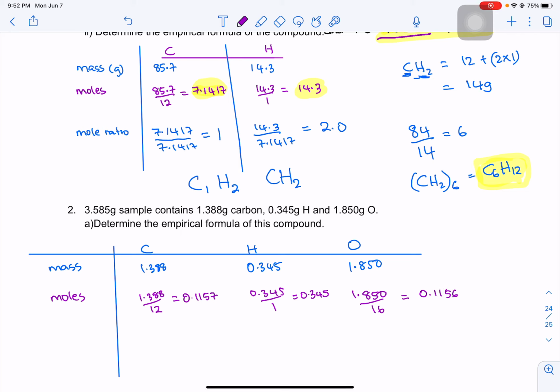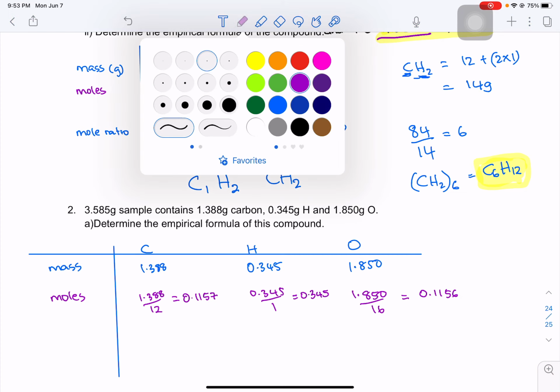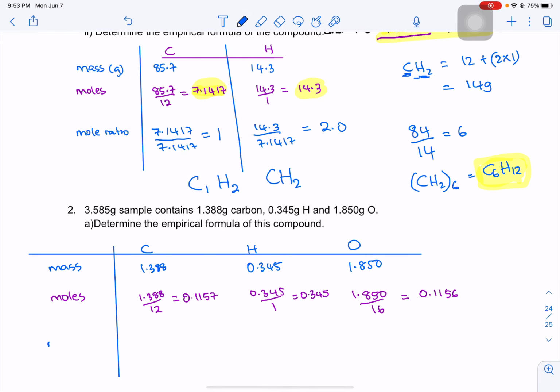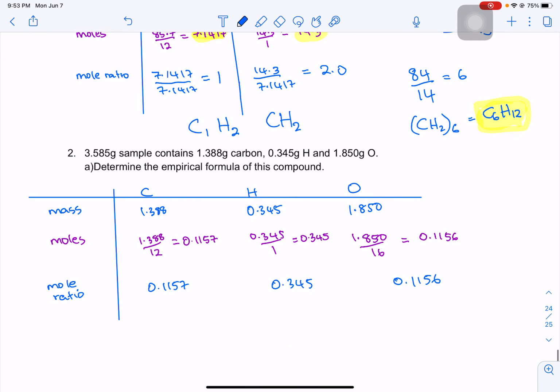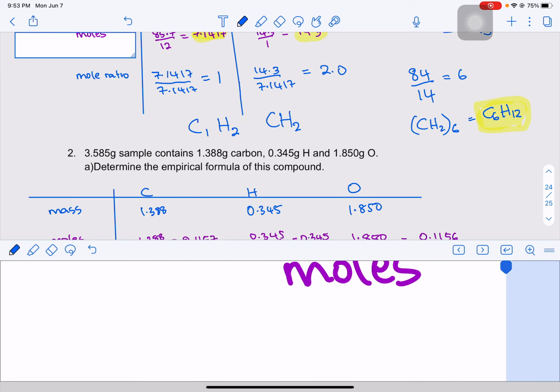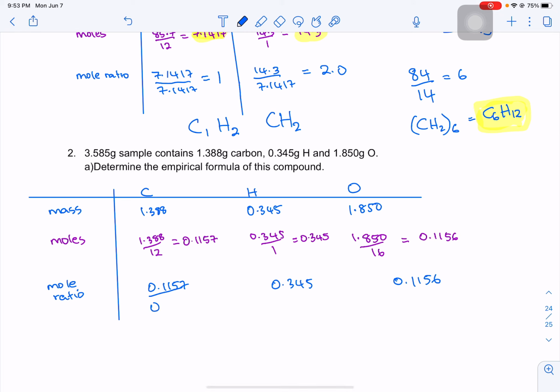Now we go to the next step, and the next step is the mole ratio. Again, the way we get the mole ratio is we write the moles we found above, and then we divide by the smallest of the numbers. In this case the smallest is 0.1156, so we divide each by 0.1156.